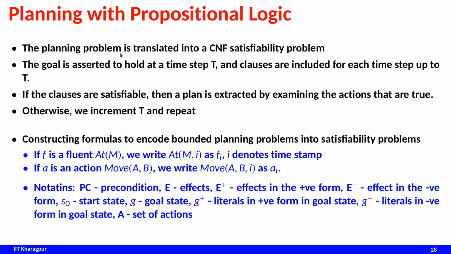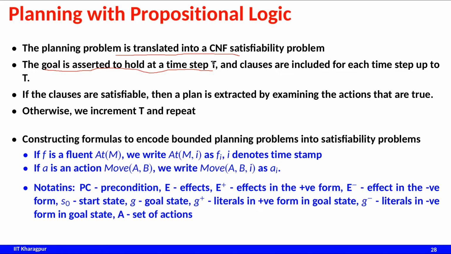So the planning problem is translated into a CNF satisfiability problem, and the goal is ascertained to hold at time step t. If you remember, in the graph plan we are expanding step by step. Similarly for this CNF modeling, we try to find a solution which is at a depth of time step t.